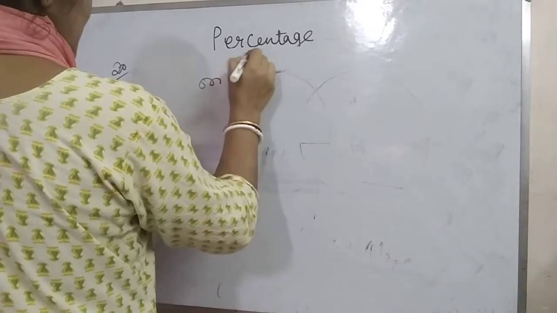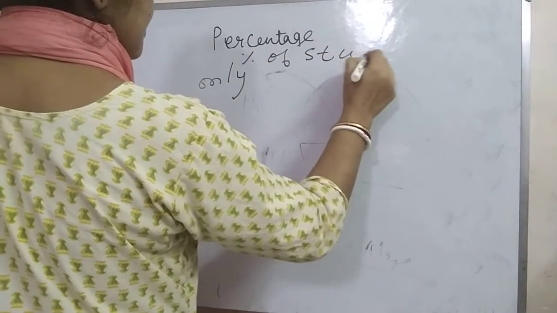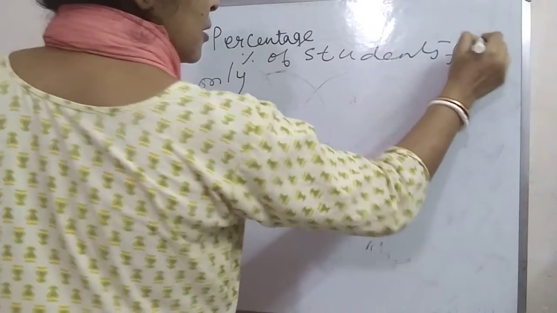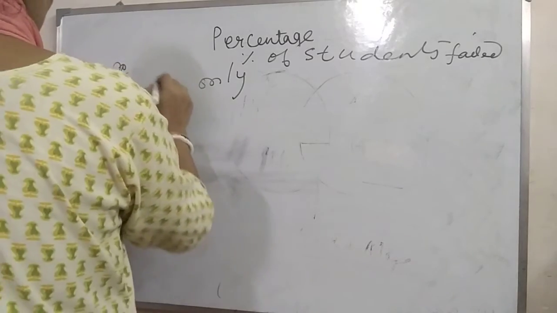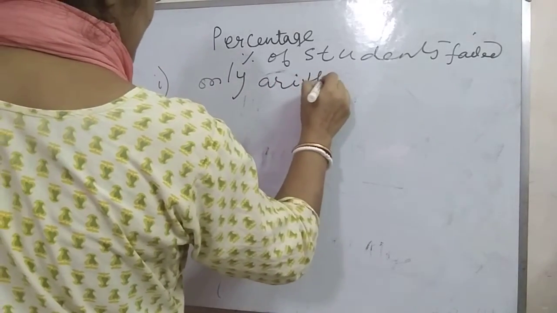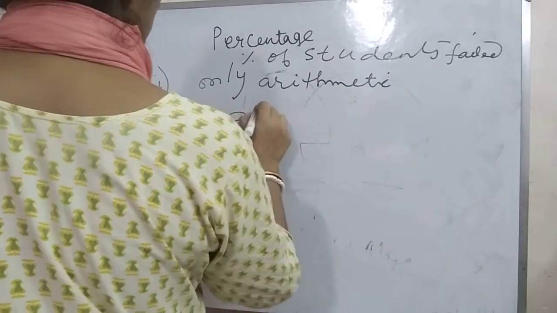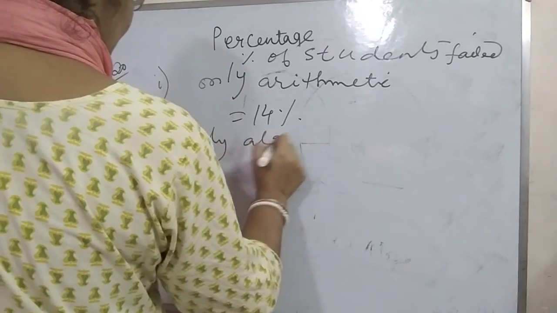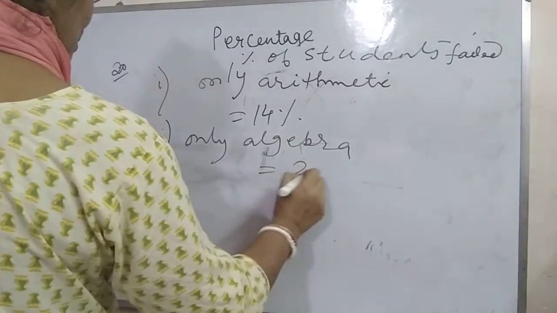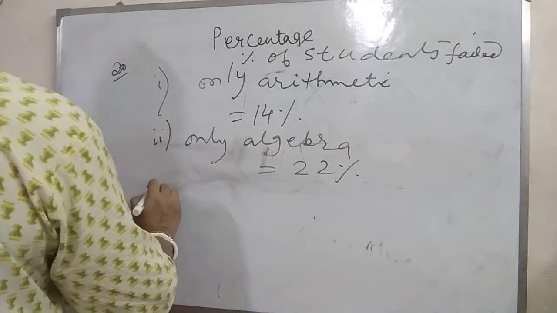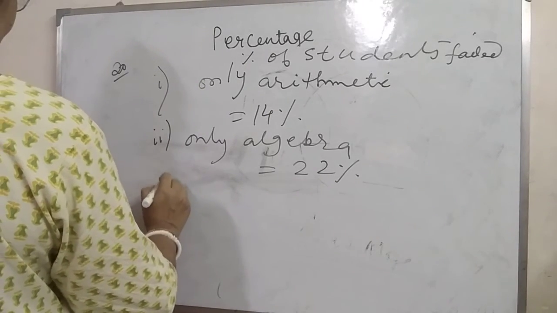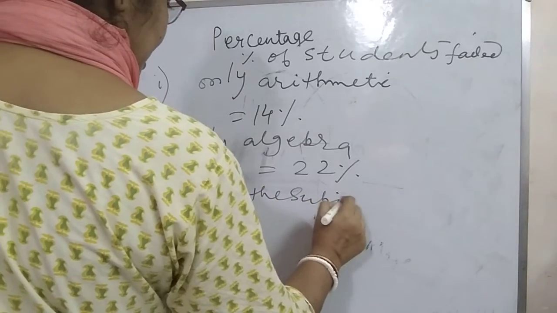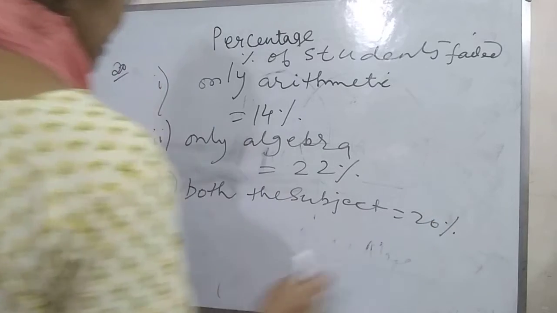Percentage of students failed only in arithmetic equal to 14%. Only in algebra equal to 22%, and in both the subjects equal to 20%.